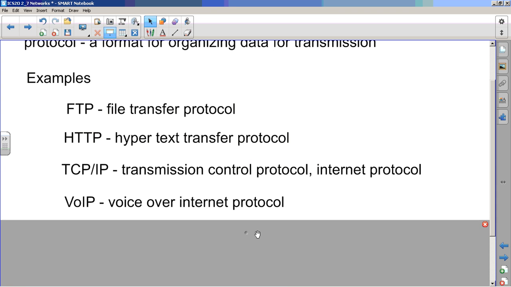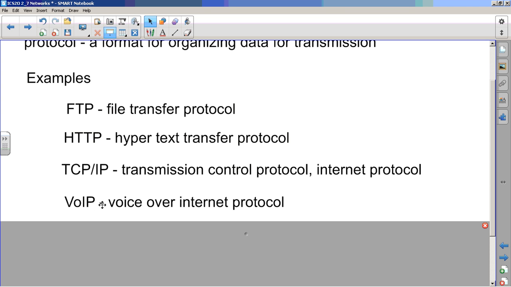A newer one is VoIP. Maybe you've heard the term VoIP. It means Voice over Internet Protocol. This is the idea that we're going to use the internet to do phone calls. For a long time it was almost the other way around, where we used internet traffic over telephone lines, but as things evolve, now we're going to use the internet for our voice transmission.